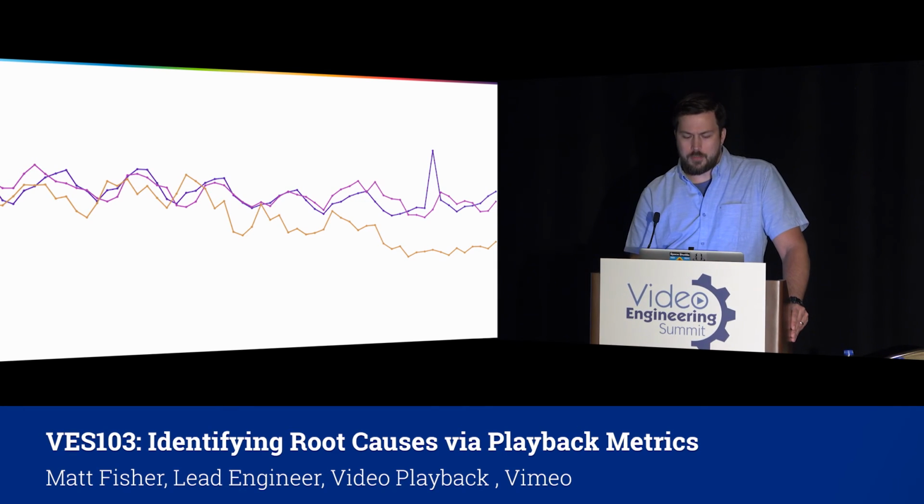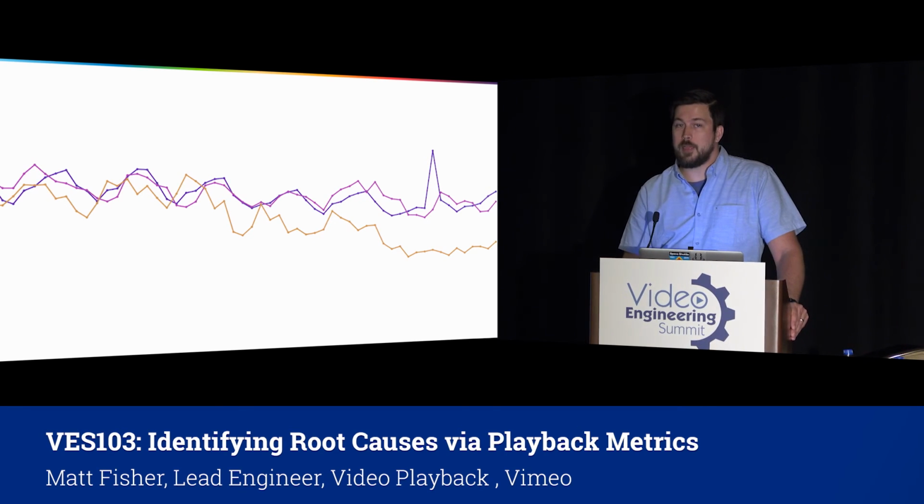So here's another quick example. One of the things that we like to do is not only have clear, raw information from our playback sessions, but also create better ways to aggregate data. You'll see a lot of third-party vendors do this, and some of them do it very well.